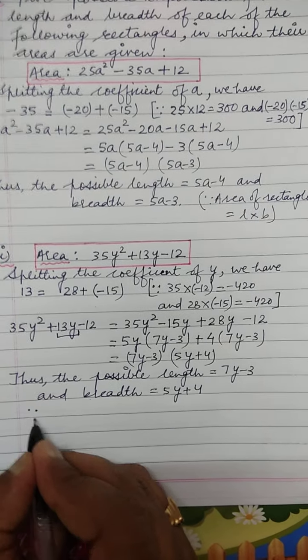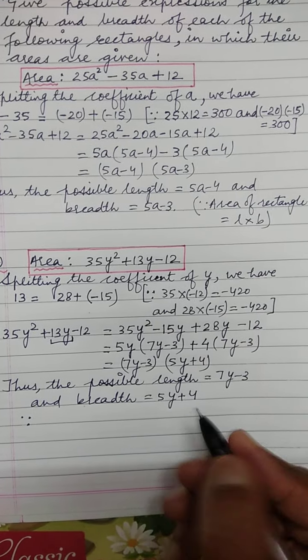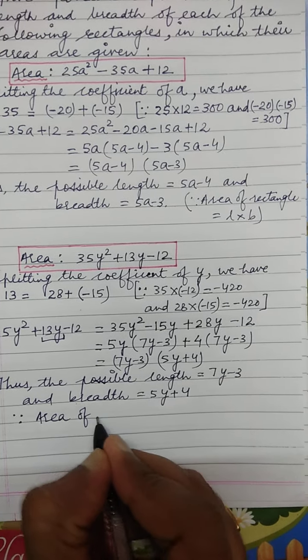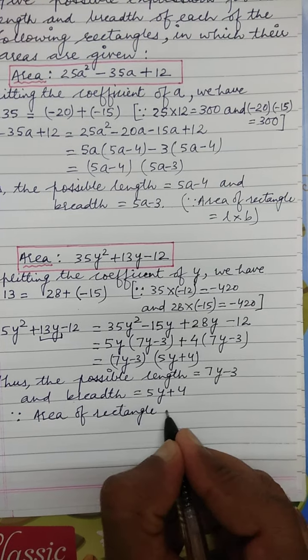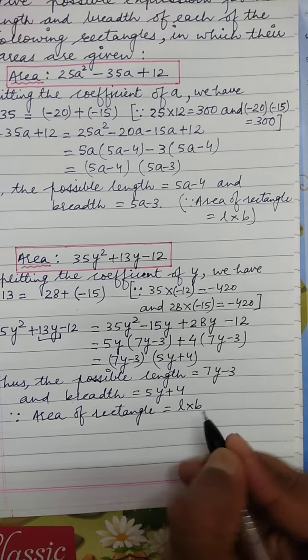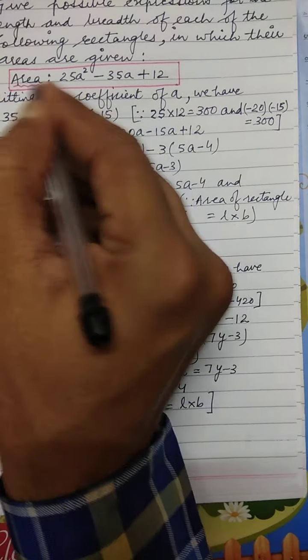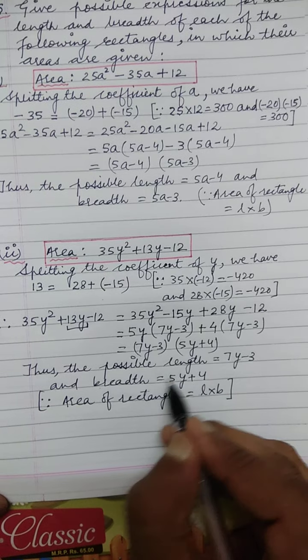Again, why have we taken these expressions as length and breadth? Since we know that area of a rectangle is equal to length into breadth, and in the question also we have been given the area of the rectangle. So in this way we can find out the length and breadth of the rectangle.